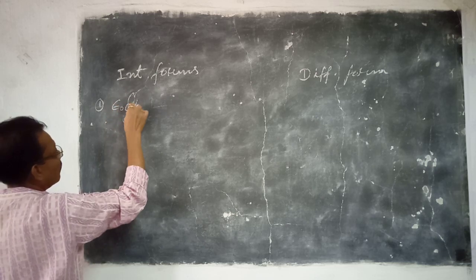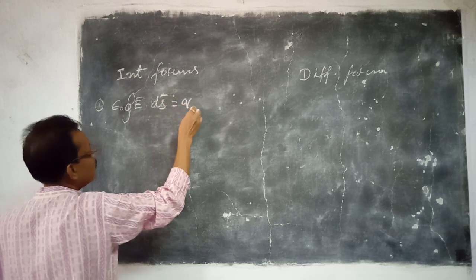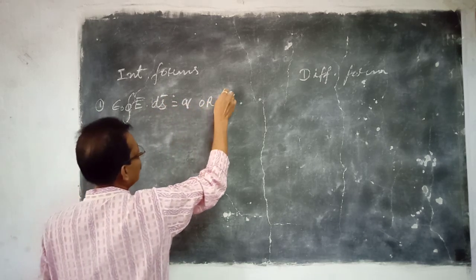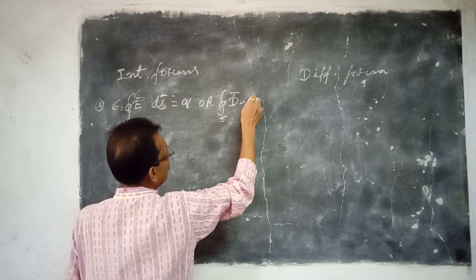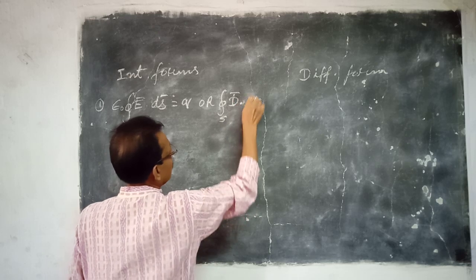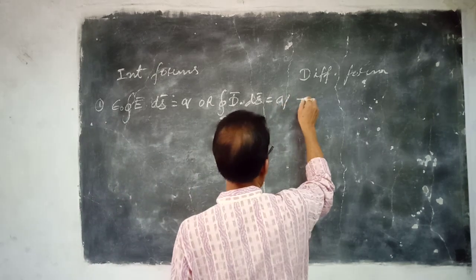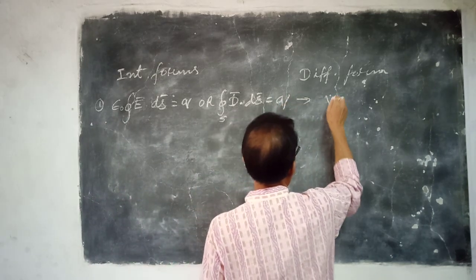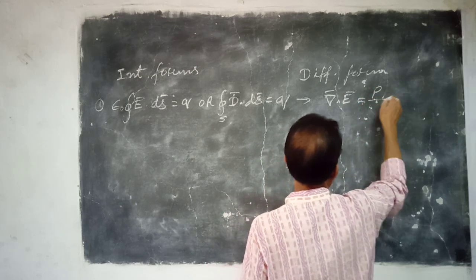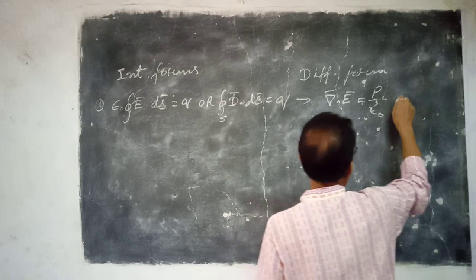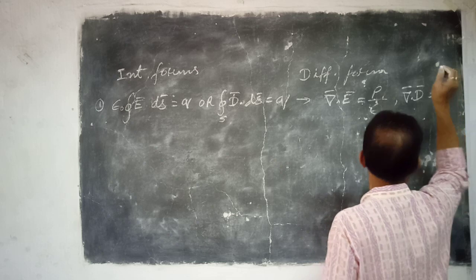Epsilon 0 closed integral of E dot dS is equal to Q, or closed integral of D dot dS is equal to Q. Its equivalent form is divergence of E is equal to rho by epsilon 0, or divergence of D is equal to rho.